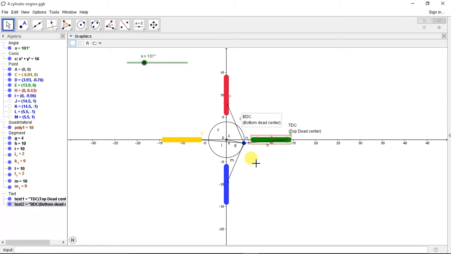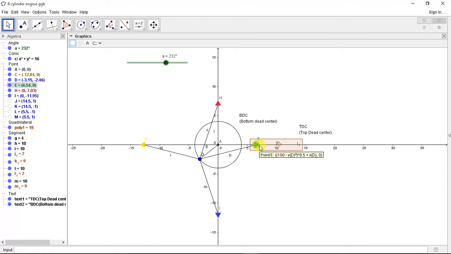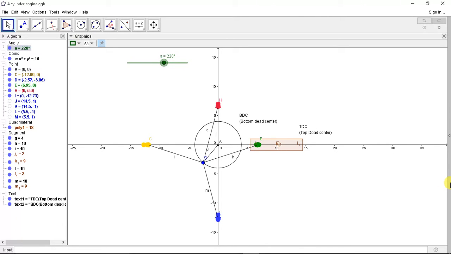So here in this GeoGebra we can find the location of point D at different combustion positions of respective cylinders, like at which point all the cylinders will exactly stand when the value of D is considered 220.